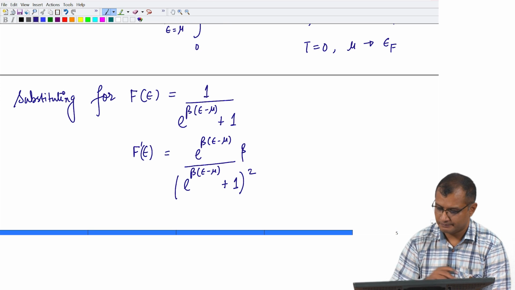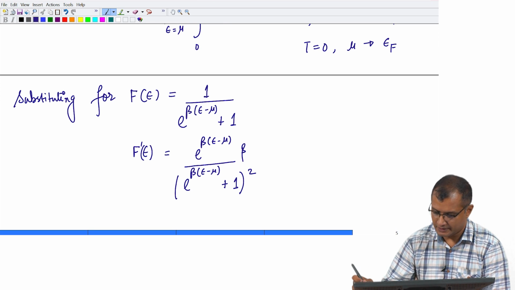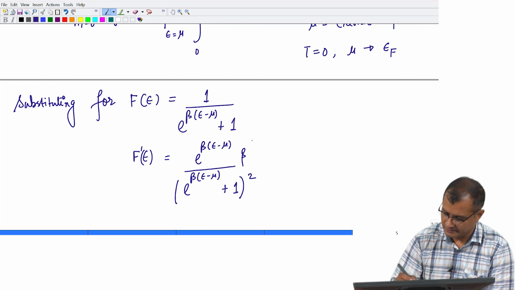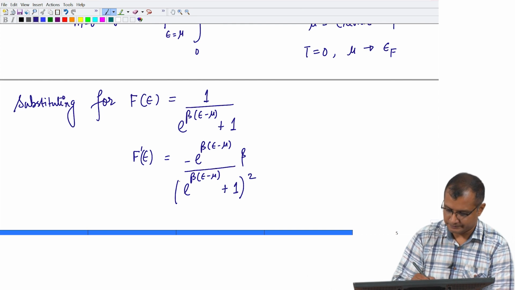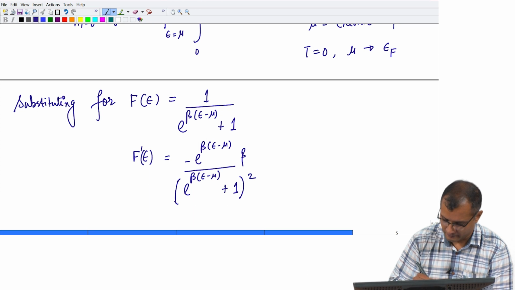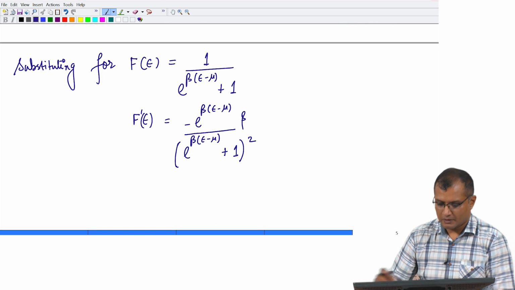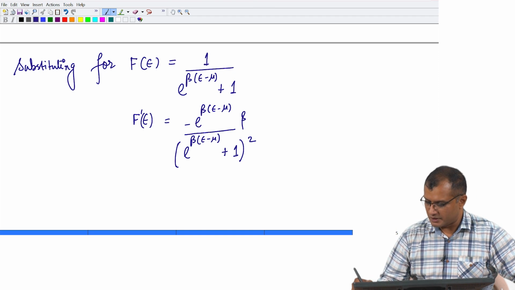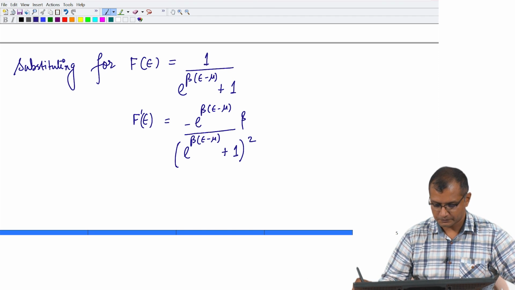Okay. And the entire thing has to be taken with a negative sign, because that is what comes when you square the denominator. Fine.